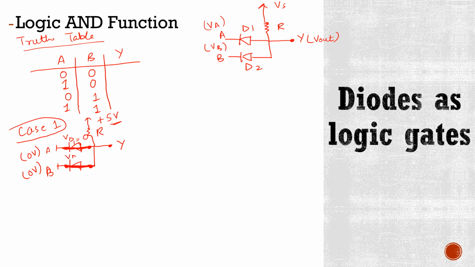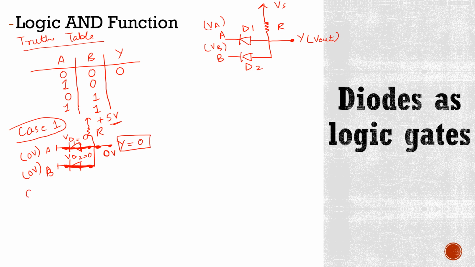Here VD2 is also 0. It means this point is now maintained at 0 volts. It means here the value of Y is 0. So we write this value here. It means output is 0 when both diodes are off.